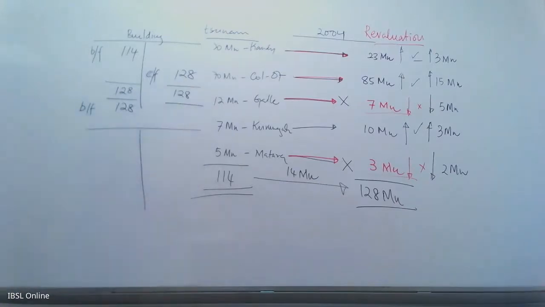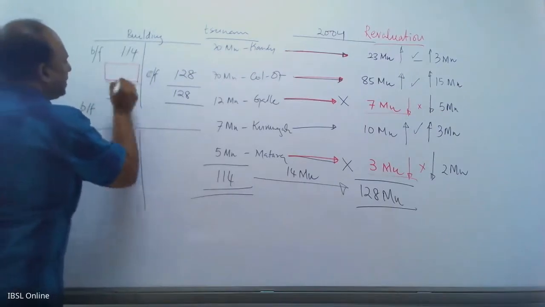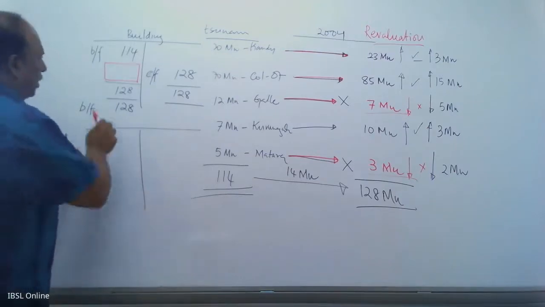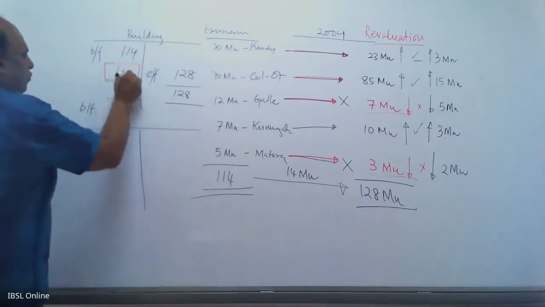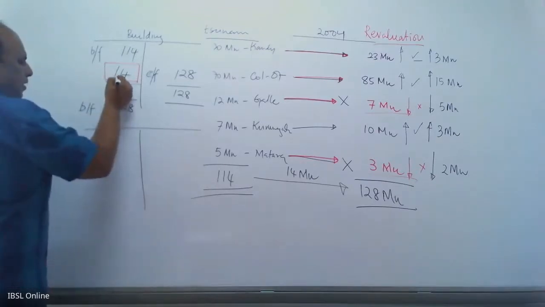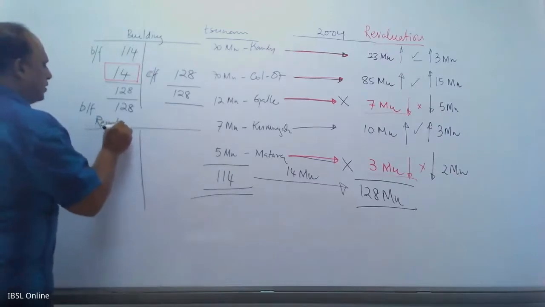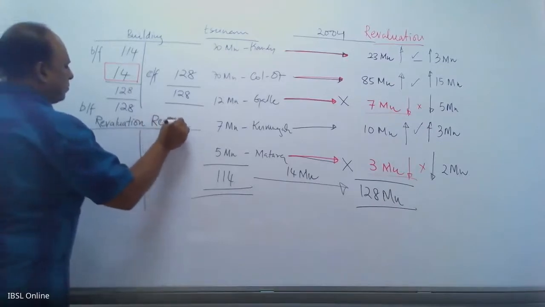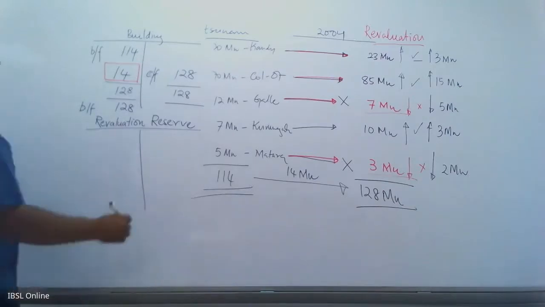So therefore, you need to bring in a balancing figure. You see, now 114 has to go up to 128. So you need to bring in a balancing figure of 14. So you debit here and you credit an account called revaluation reserve. Revaluation reserve.